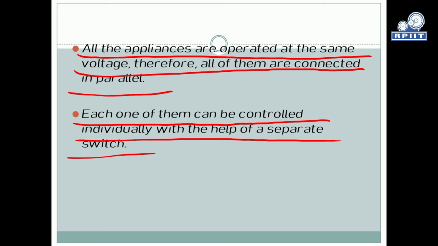For example, in our houses we are using fans, bulbs, tube lights, etc. The connections of our appliances in homes are connected in parallel. If they were connected in series, then when we switch on, all the appliances would start. So this is the advantage of a parallel circuit: each one can be controlled individually with a separate switch.